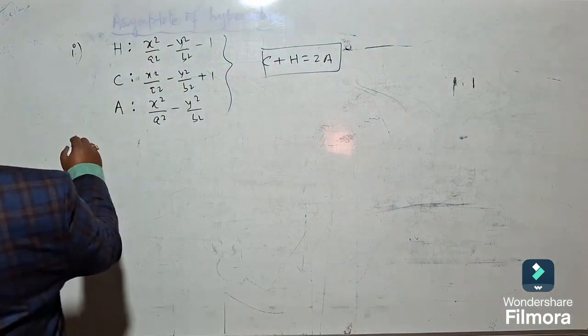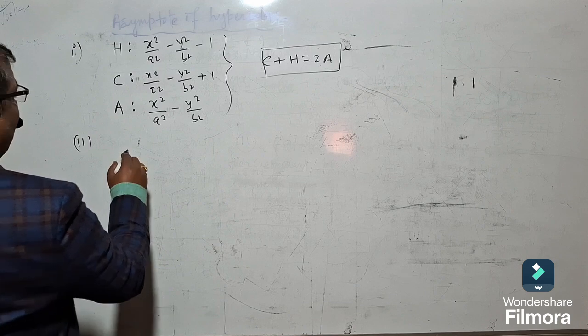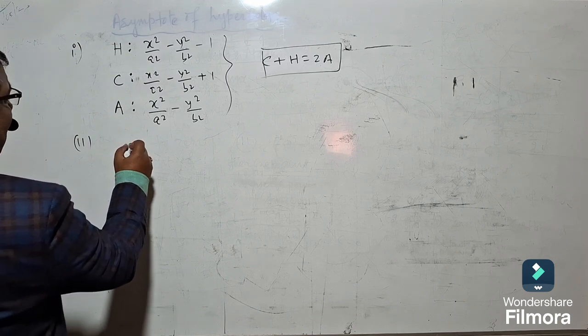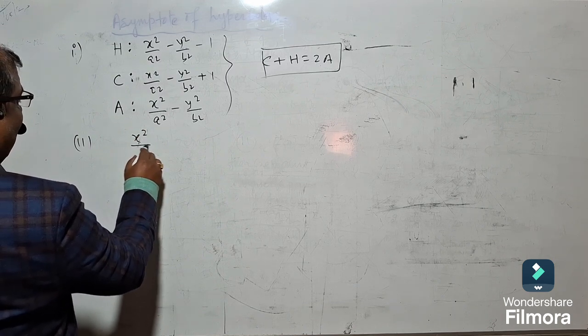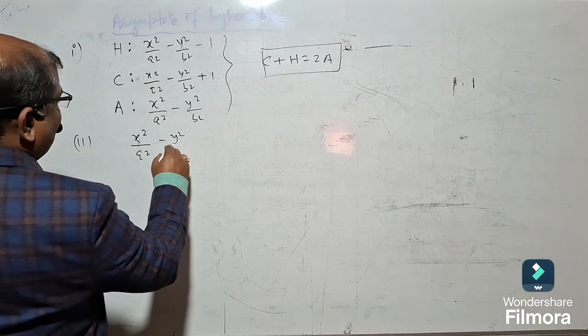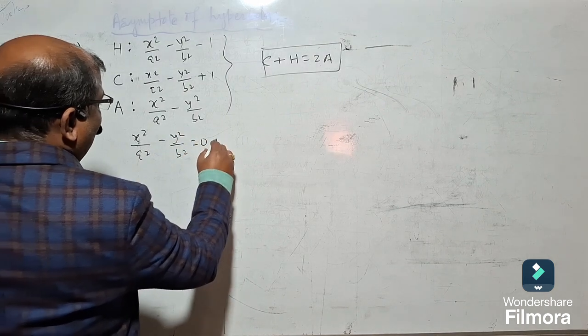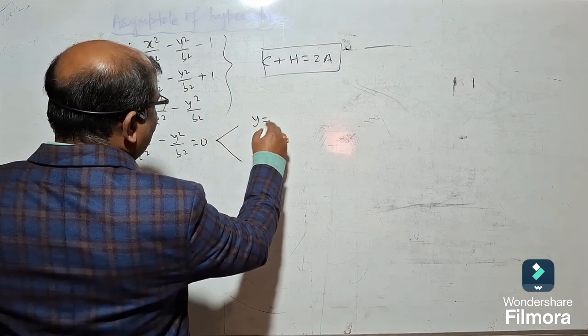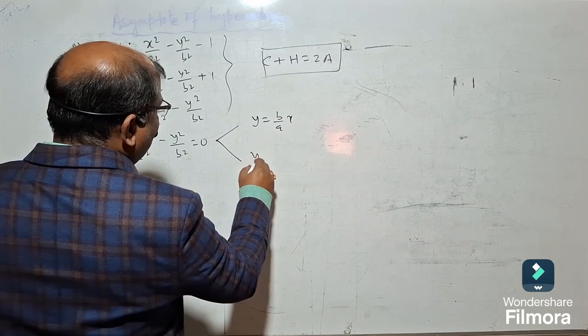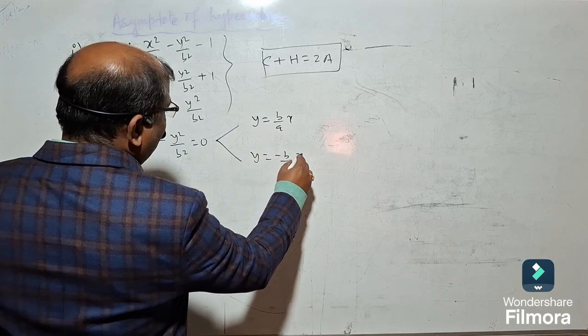Second point is, as the equation of the hyperbola is x square upon a square minus y square upon b square equal to 1, and the separate equations of the asymptotes are y is equal to b by a into x and y is equal to minus b by a into x.